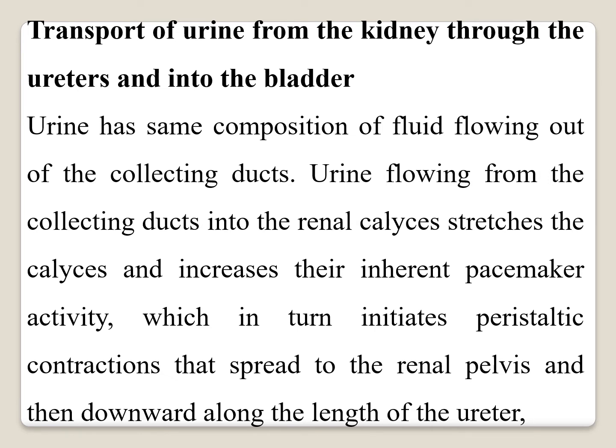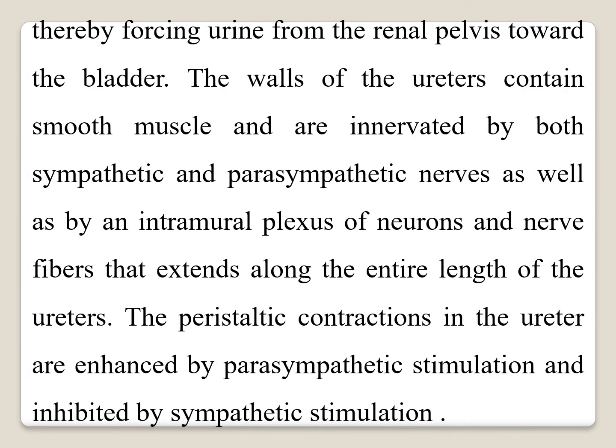Urine usually has the same composition as the fluid that flows out of the collecting duct. Once urine flows out of the collecting duct and reaches the renal calyces, it stretches them. Stretching increases their inherent pacemaker activity, initiating a peristaltic contraction that spreads to the renal pelvis and then downward along the length of the ureters, pushing the urine from the renal pelvis toward the bladder.